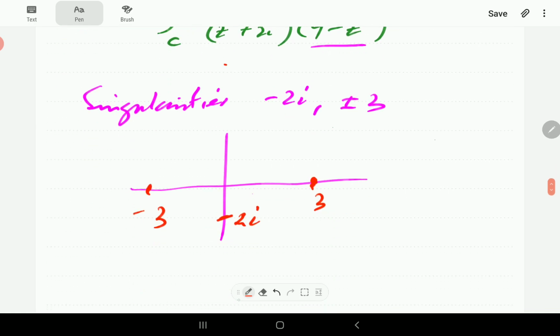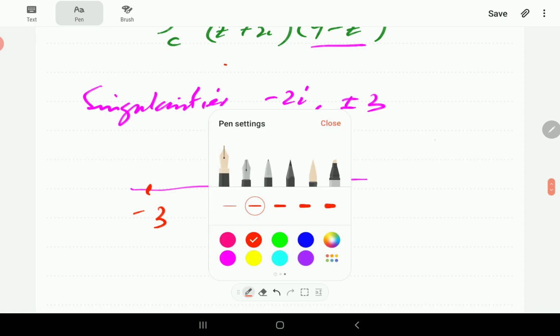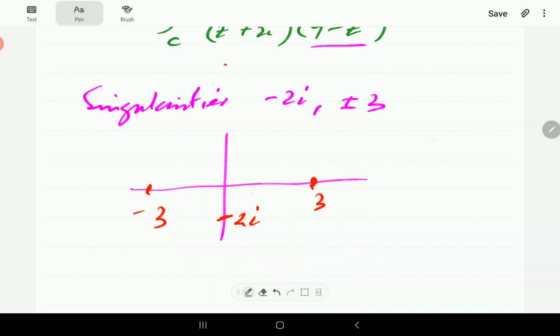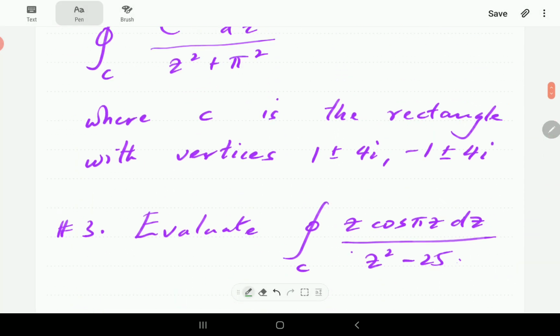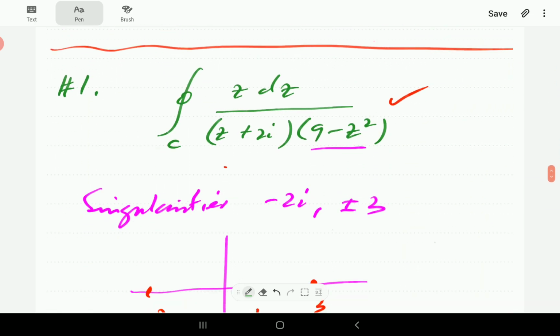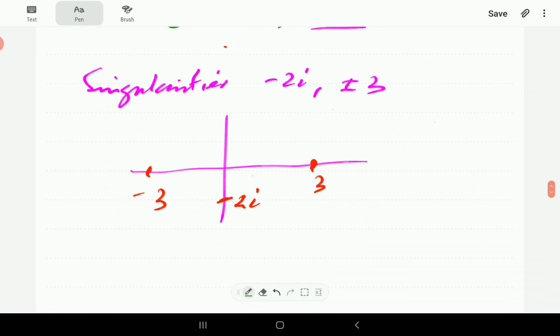Now, in the first instance, we want to integrate this around the closed contour mod z equals 1. So in part A, we want to integrate this around mod z equals 1. Mod z equals 1 is a circle centered at the origin, radius 1.